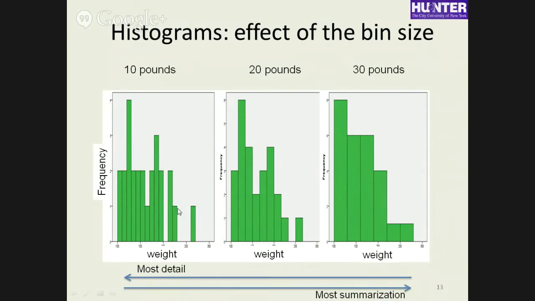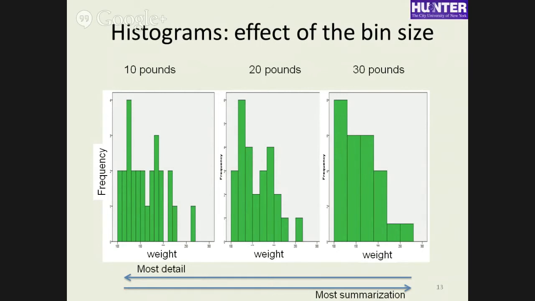There are a couple with just 1, some with 2, and at most 4. In the middle, that was with 10-pound bins. With 20-pound bins, you get on average twice as many per bar. So we have up to 6 here, and making them even wider, you're doing more summarization, you're putting more things into the same bin.